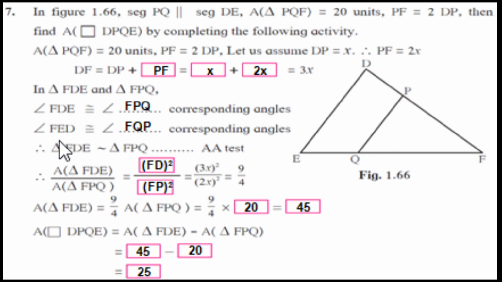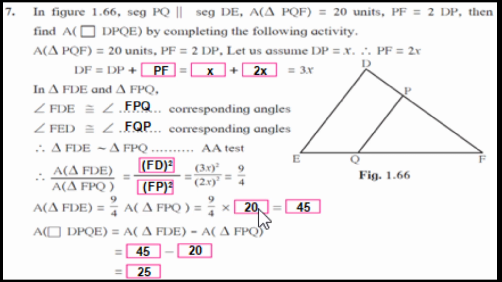Similarly, we get angle FED congruent angle FQP. So these two triangles are similar by AA test. We take the ratios of their areas. Area of triangle FDE upon area of triangle FPQ is equal to square of FD upon square of FP. FD is 3x, square of 3x upon square of 2x. So square of 3 is 9, square of 2 is 4, x square cancels. Then we get area of triangle FDE is equal to 9 upon 4 into area of triangle FPQ.